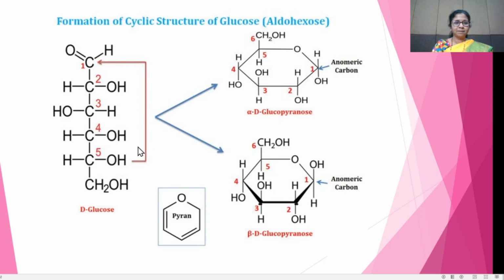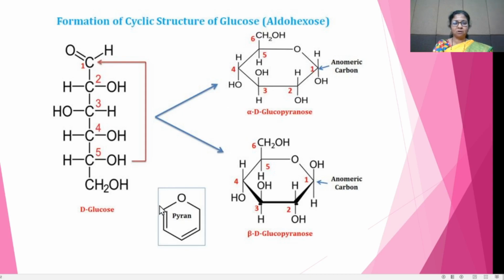Here, see, this is the cyclic structure. The hydrogen atom from this OH group is attached to this carbonyl oxygen atom, giving OH, and the ring forms in this way. The 6-membered ring is formed, containing 5 carbon atoms and 1 oxygen atom.